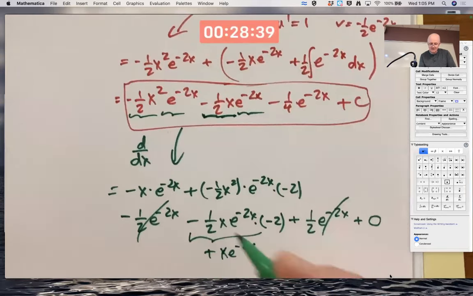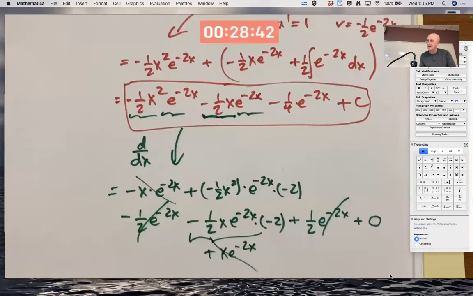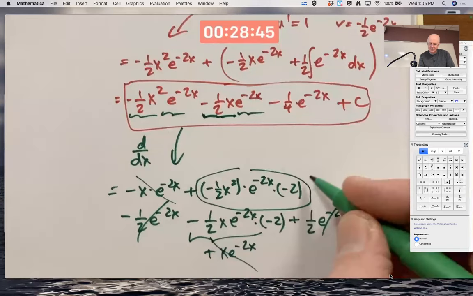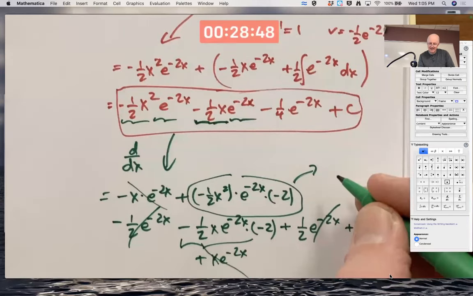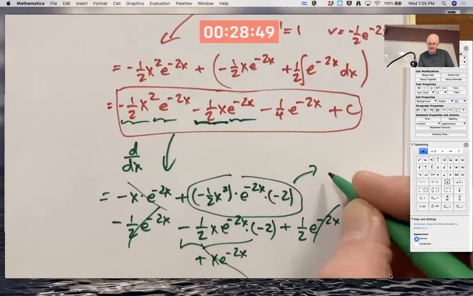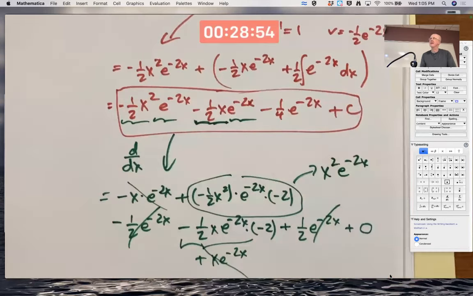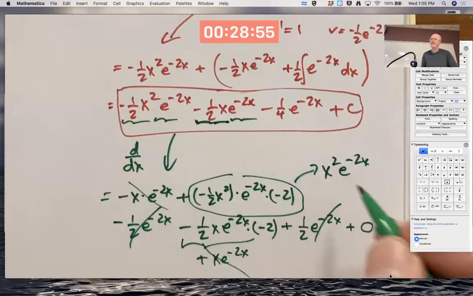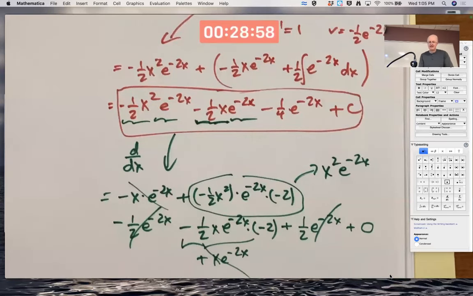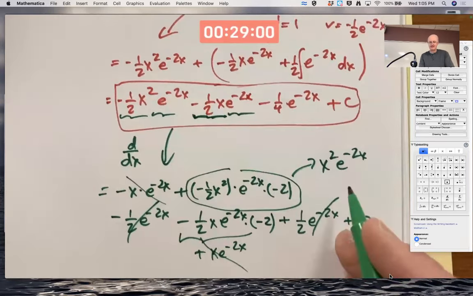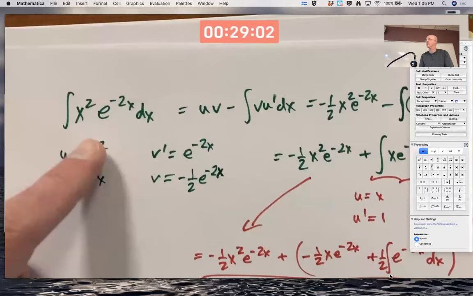And that cancels with this one. So the final answer is this, whatever that simplifies to. And the negative signs cancel, it simplifies, the 2's cancel to x squared e to the negative 2x. After cancellation, that's the final derivative, and therefore it matches this, and therefore we are correct.